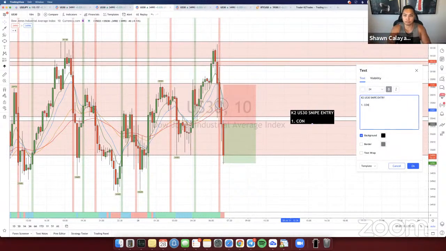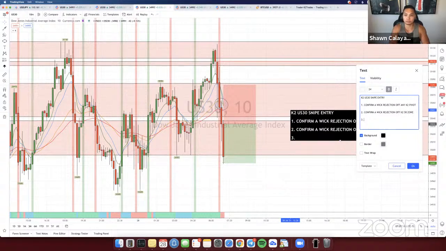For this, you want to confirm a wick rejection off any K2 pivot, and confirm a wick rejection off the K2 SR zone. Second or third, you want to confirm the direction of momentum using the K2 momentum indicator.